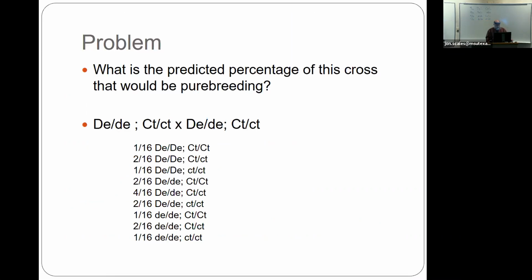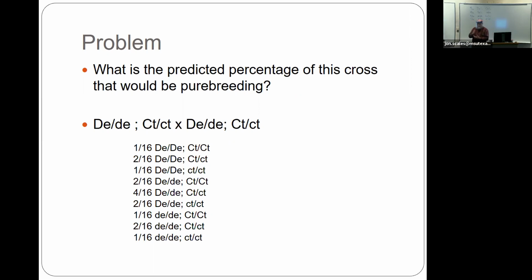So here's another one. What's the probability of a mouse having a genotype that would make it pure breeding? Pure breeding. So first, don't start adding anything. First, remember what that key word means. What does pure breeding mean? Homozygous at all loci, right?